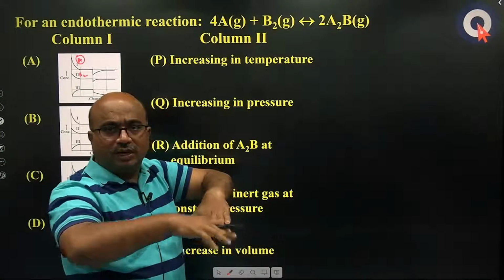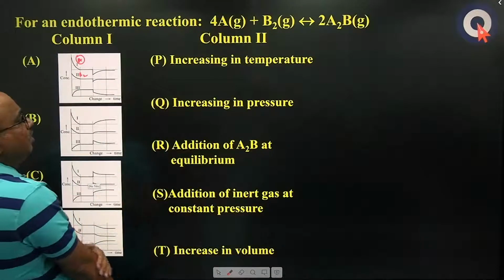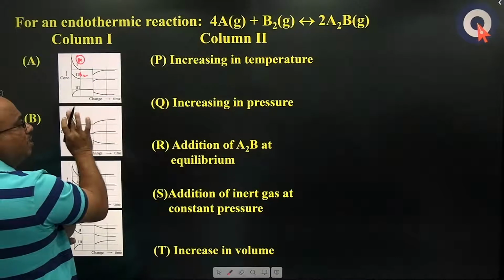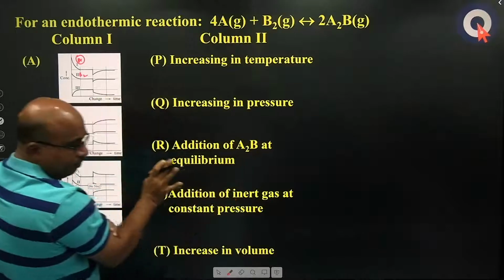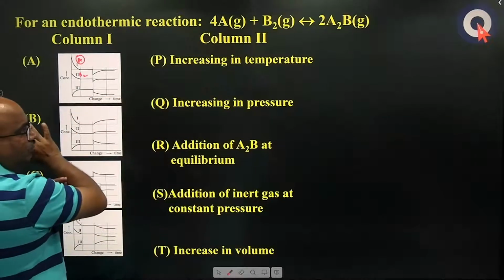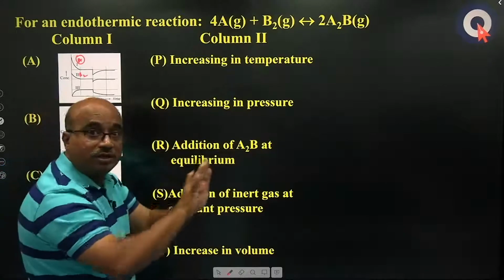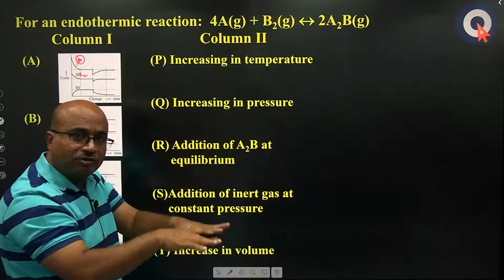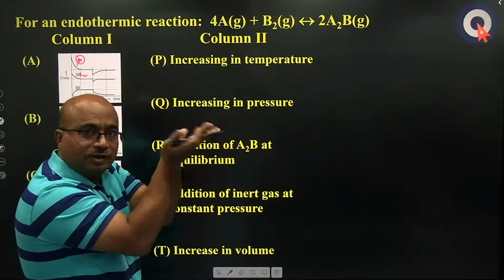Then immediately when increasing temperature is there, in this condition the concentration of all the species should not be decreasing. Because as you start increasing the temperature, the reaction starts moving in the forward direction. So A and B2 values start decreasing, A2B value starts increasing.